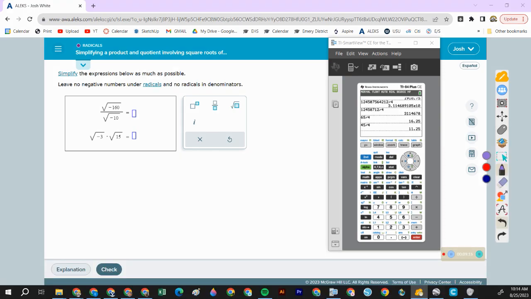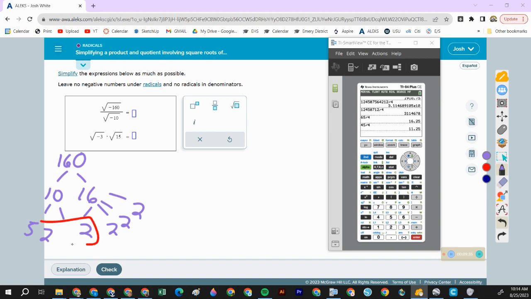So we simplify this. 160 would be 10 and 16, 5 and 2. 16 is going to be 2, 2, 2, and 2. So we circle any pairs.